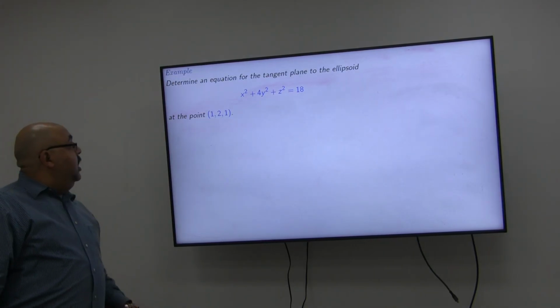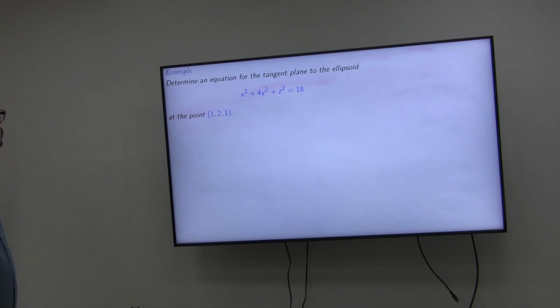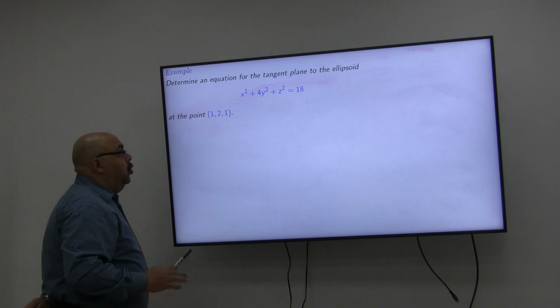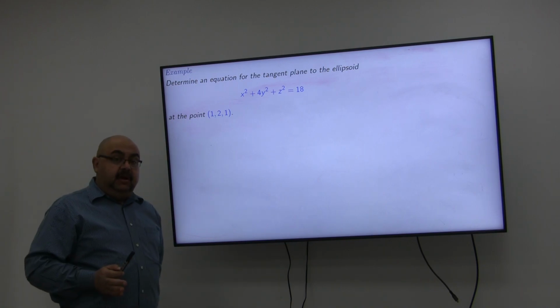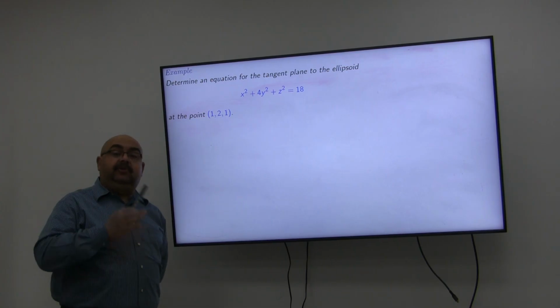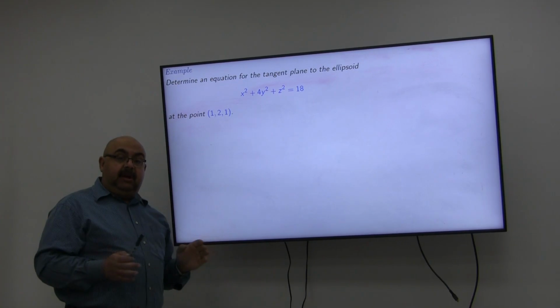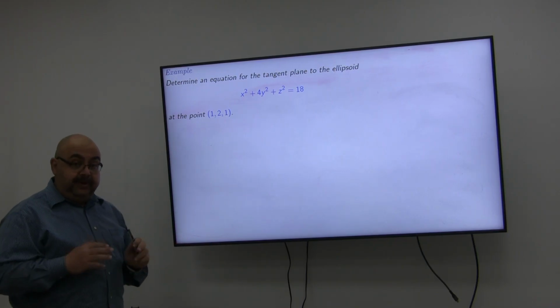For example, if I want to determine the tangent plane to this surface, which is an ellipsoid, at the indicated point (1, 2, 1), all I have to do is to find first the gradient vector, get the normal vector from the gradient vector by substituting at (1, 2, 1), then multiply them together. I will solve it and then we will go through it together on the slide.